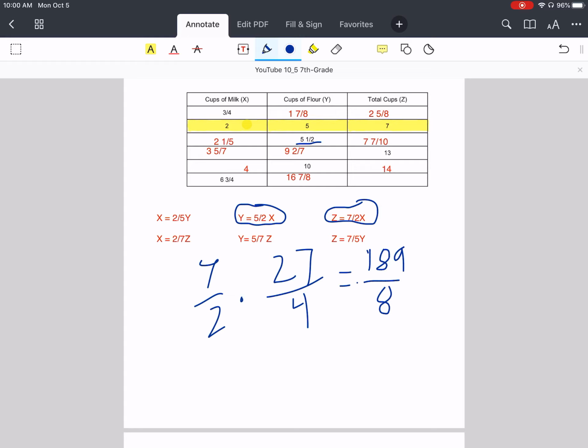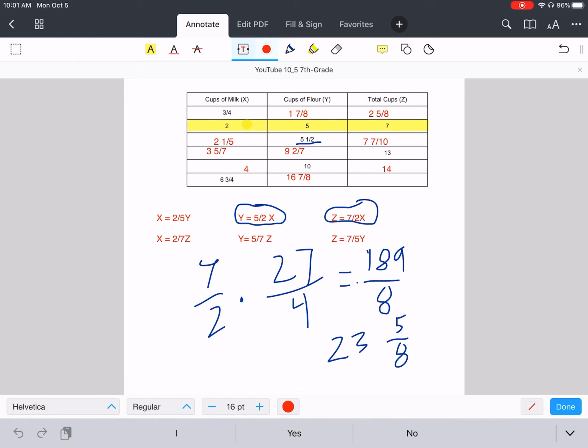We're going to divide that over 8. 8 can go into 189 23 times, because 23 times 8 is 184, which means we have 5 left over out of 8. So 23 5/8. And if we added up 6 3/4 plus 16 7/8, we would get 23 5/8.